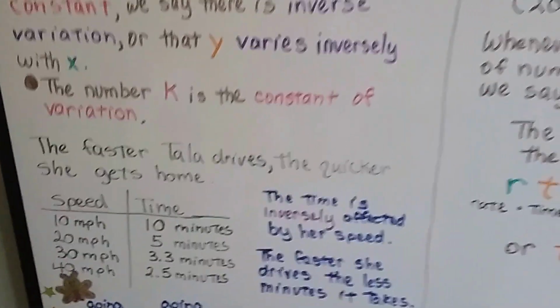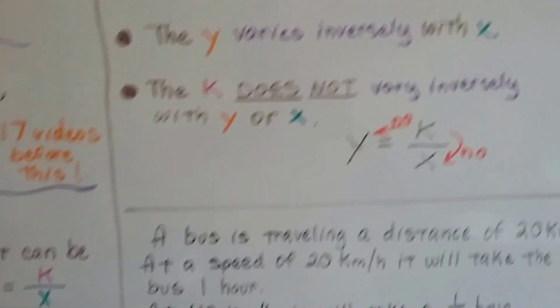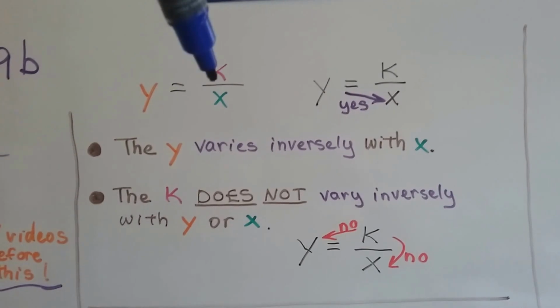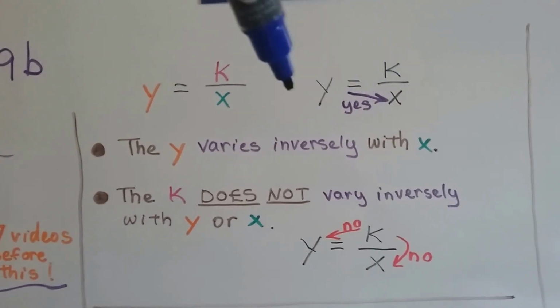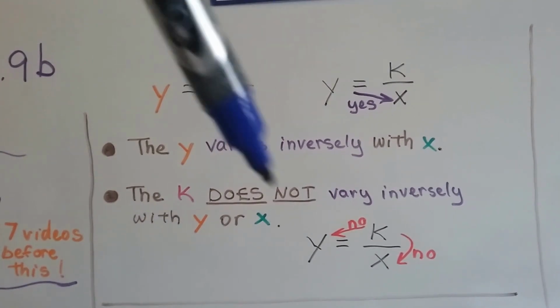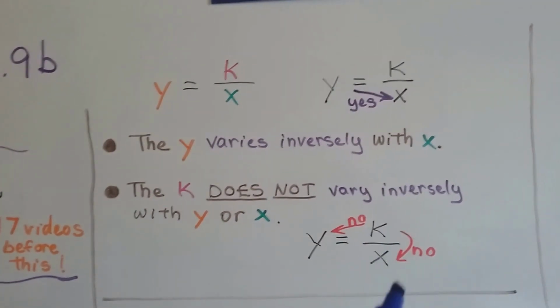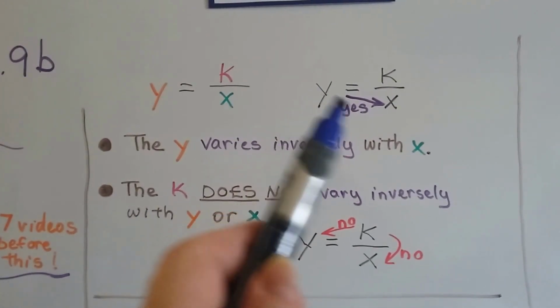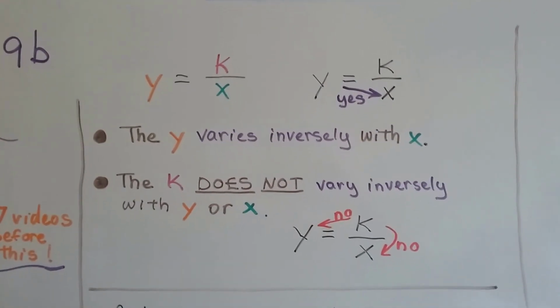That's an inverse variation. So when we have y equals k over x, the y varies inversely with the x, but the k does not, okay? The k does not vary inversely with the y or x, but the y varies inversely, see?